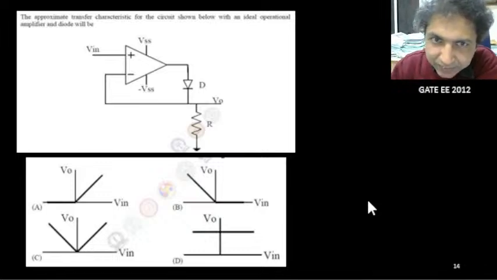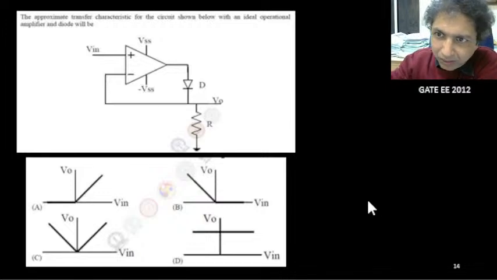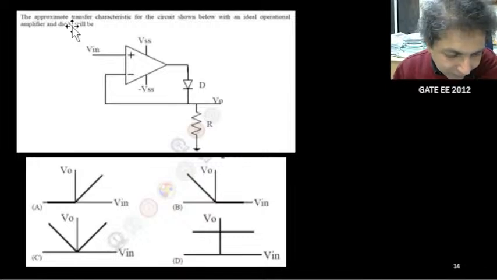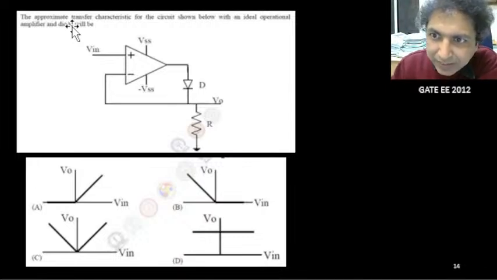So let me explain this circuit. Now when Vin is positive, what is happening? I'll assume that initially the output is 0.